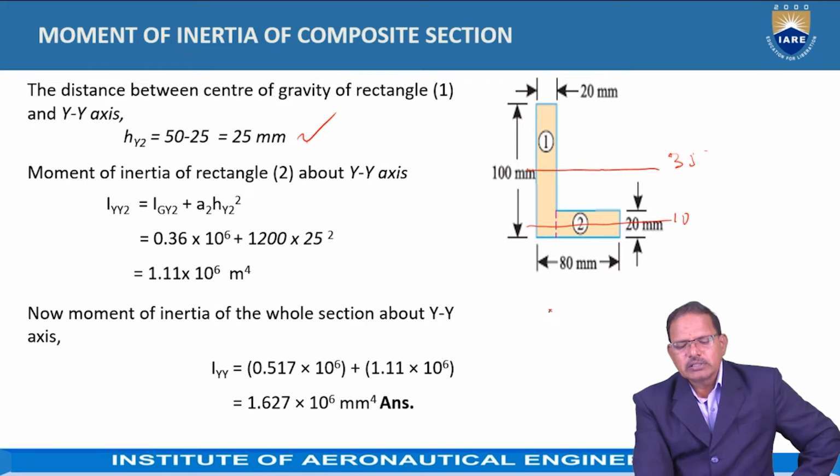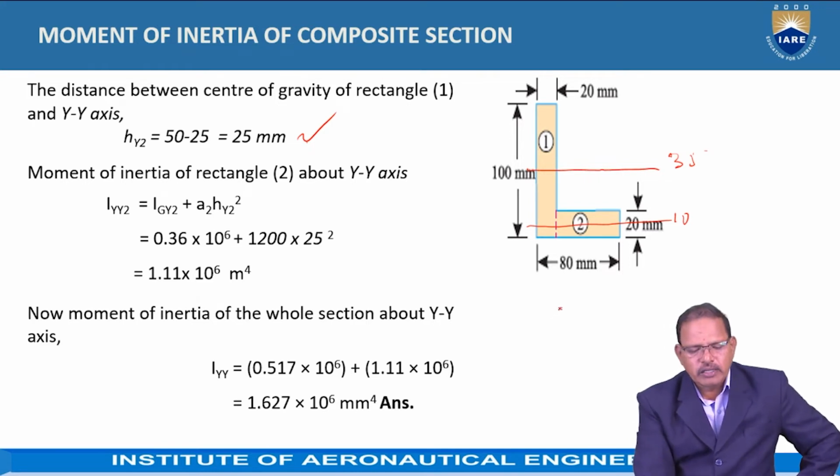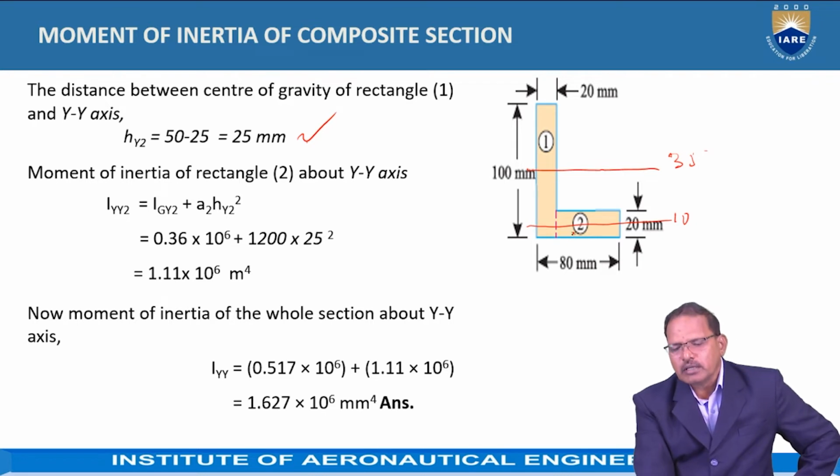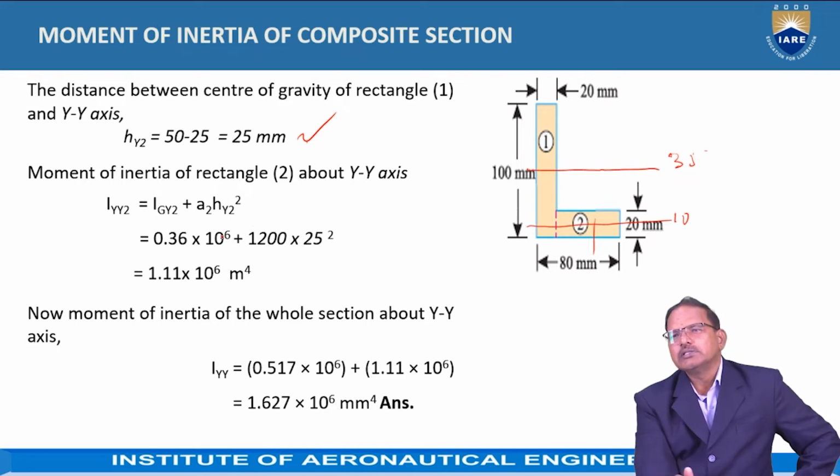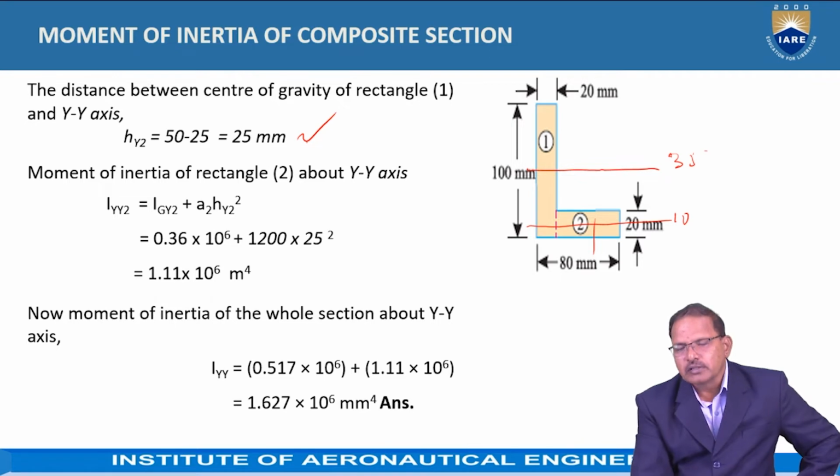So the moment of inertia of the second rectangle about the y-axis is given by Iy2 is equal to Ig2, that is nothing but the moment of inertia possessed by the second rectangle about the vertical line, plus A2 h2 squared. h2 is nothing but the distance between the centroid of the whole section and the centroid of the second section.